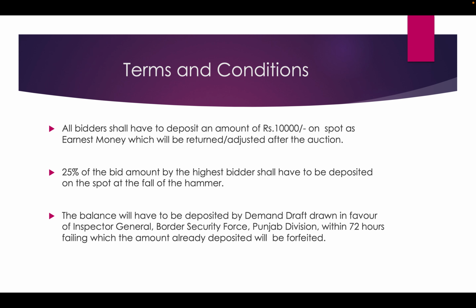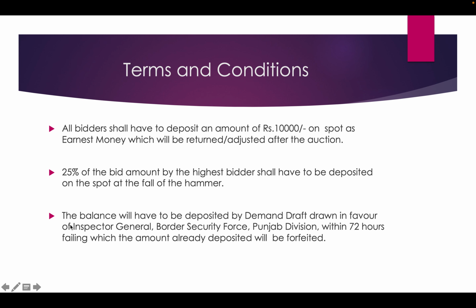Now, once the hammer falls, announcing that a particular article has been bought, the bidder has to deposit 25% of that amount there and then. Okay? The rest, what will happen to the rest of the amount?